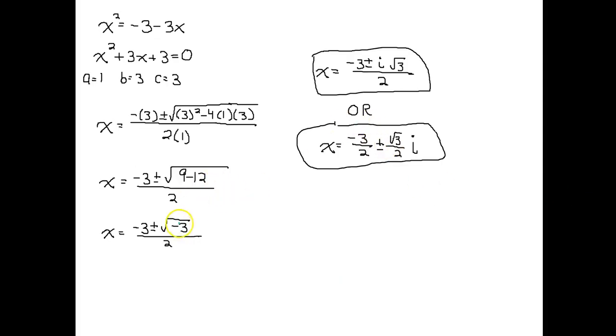And then in this one, my discriminant was negative, and notice I ended up with two imaginary solutions. So that discriminant can tell you a lot about what to expect in your problem.